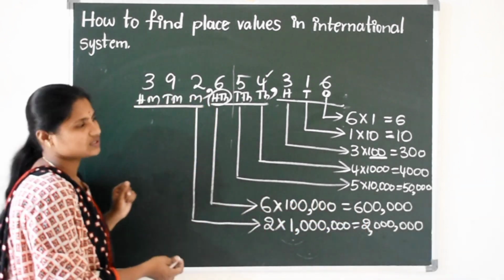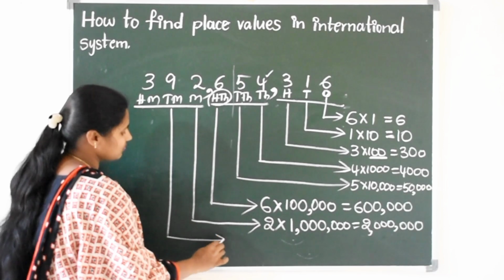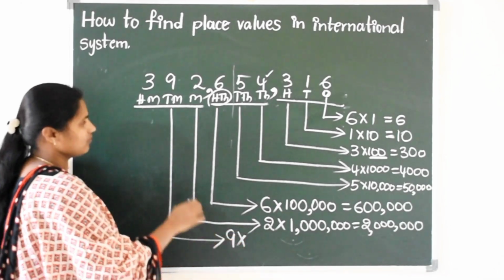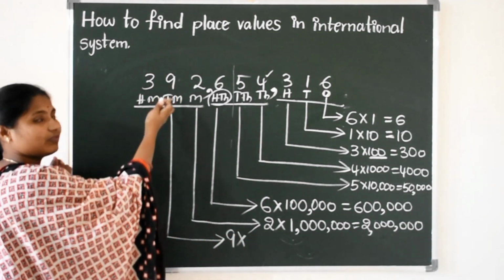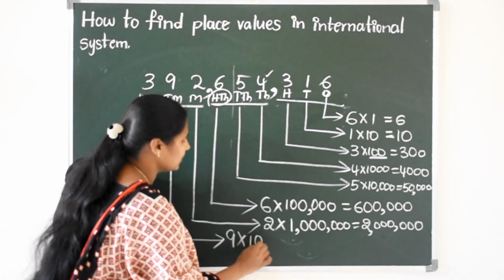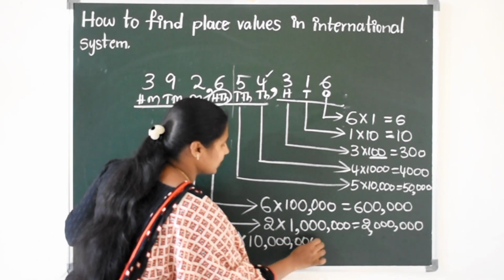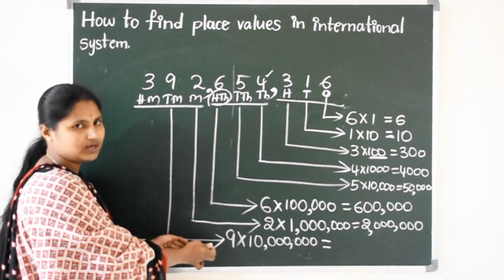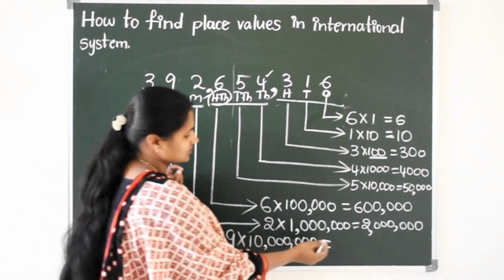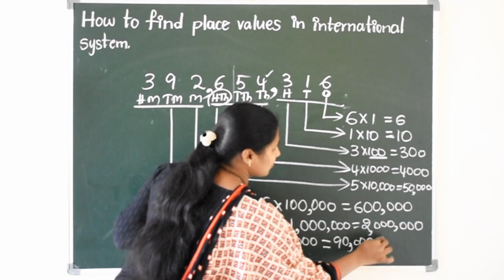Next, find out the place value of 9. 9 is in which place here? The 10 millions place. So multiply 9 with 10 millions. 9 into 10 millions gives 90 millions.